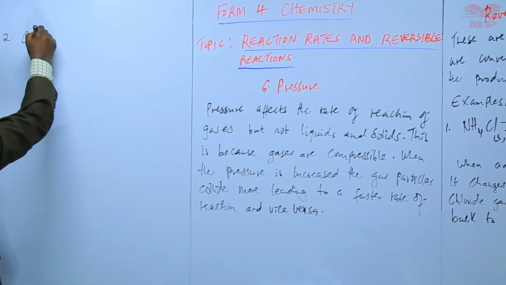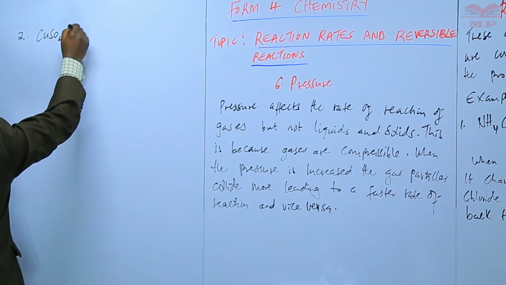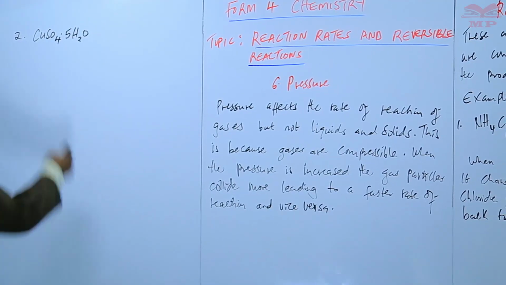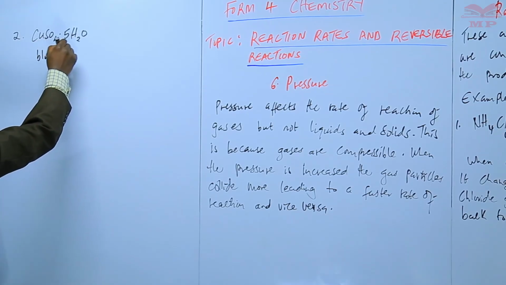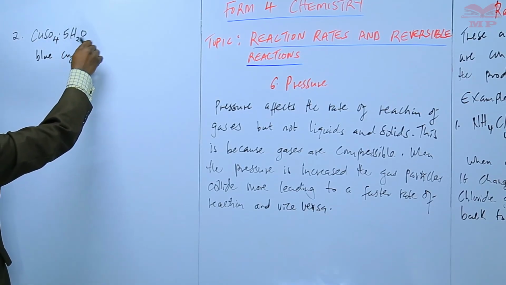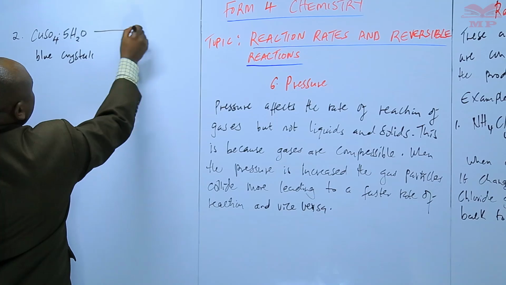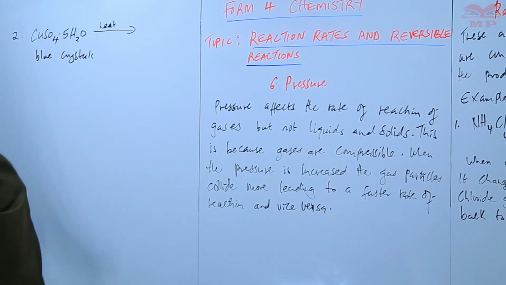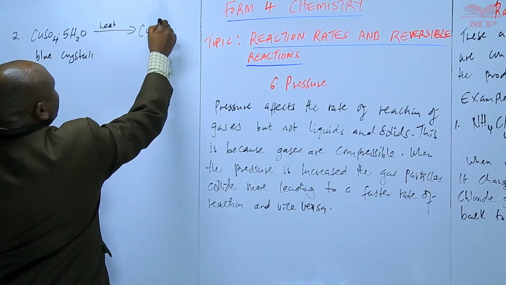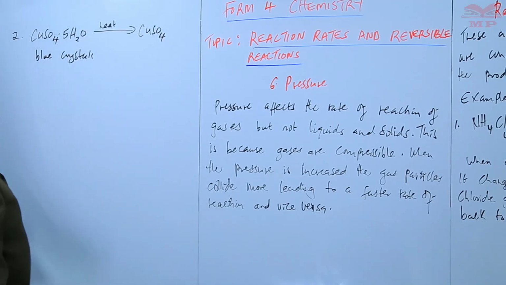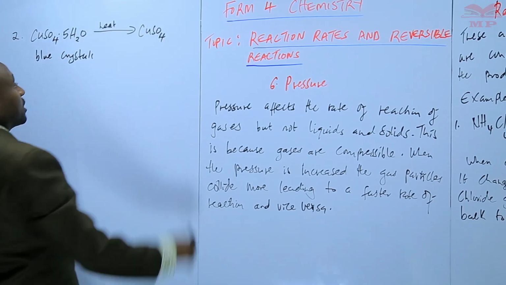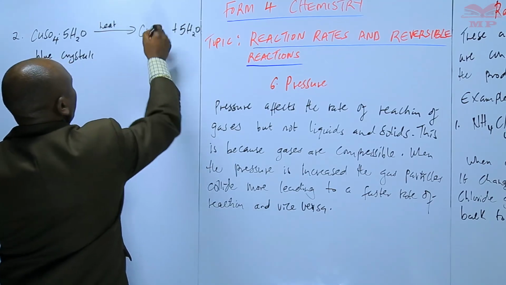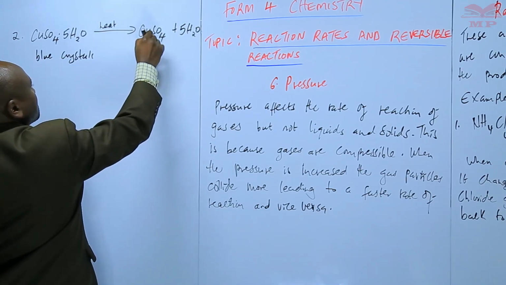We have copper 2 sulfate crystals, and these are blue crystals. But when you heat those crystals, they change to copper 2 sulfate anhydrous, now without the water of crystallization, and the water is lost, and the color changes to white.